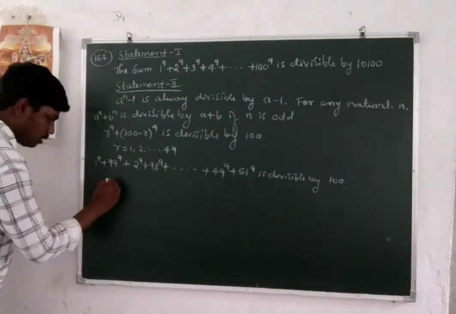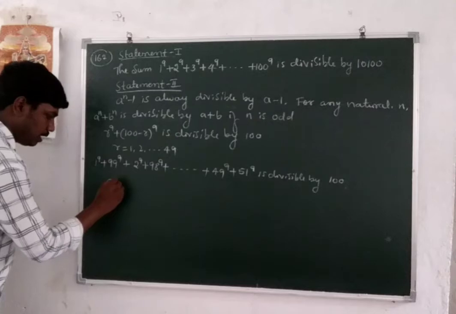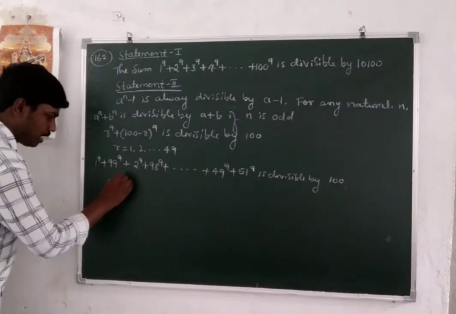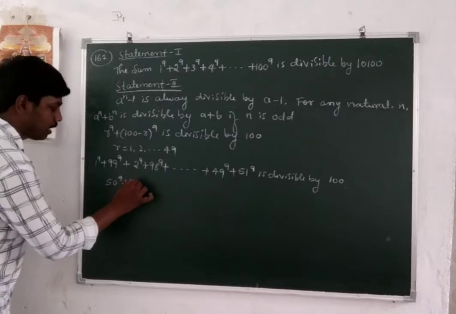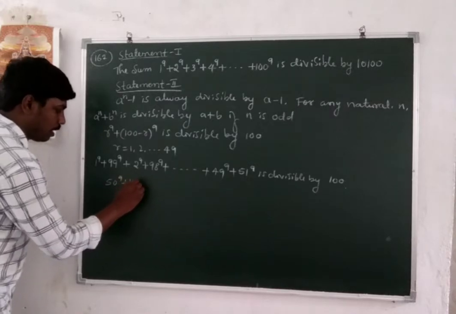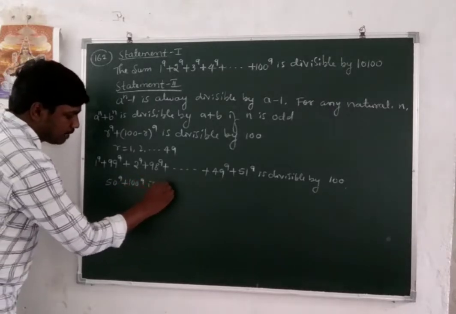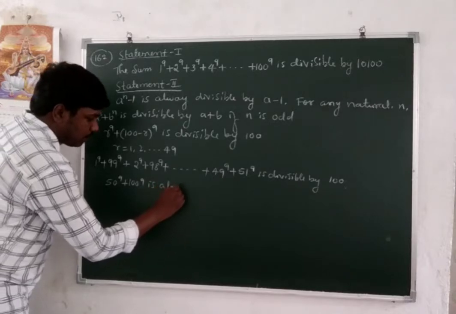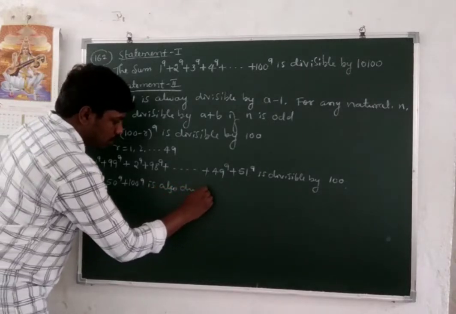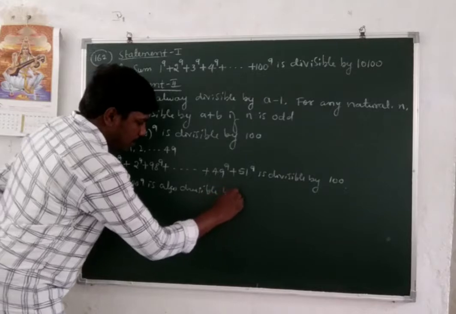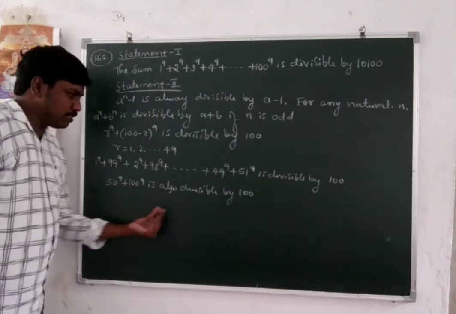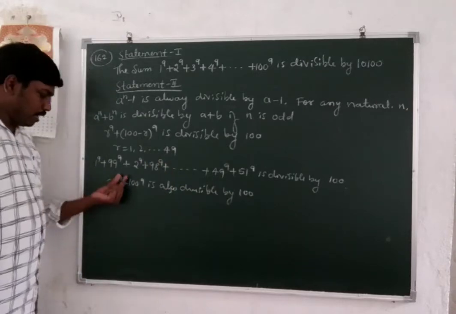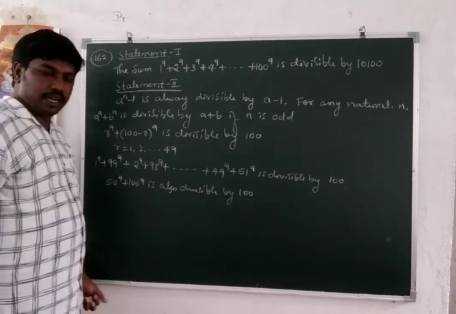Moreover, 50 power 9 plus 50 power 9, and 100 power 9 is also divisible by 100, because a power n plus b power n is divisible by a plus b, which is 100.